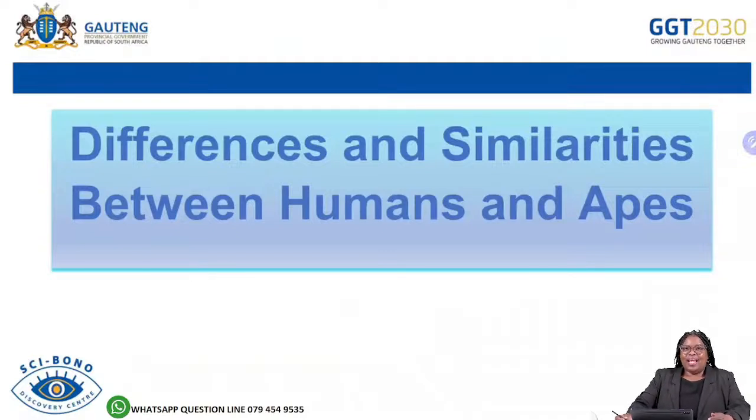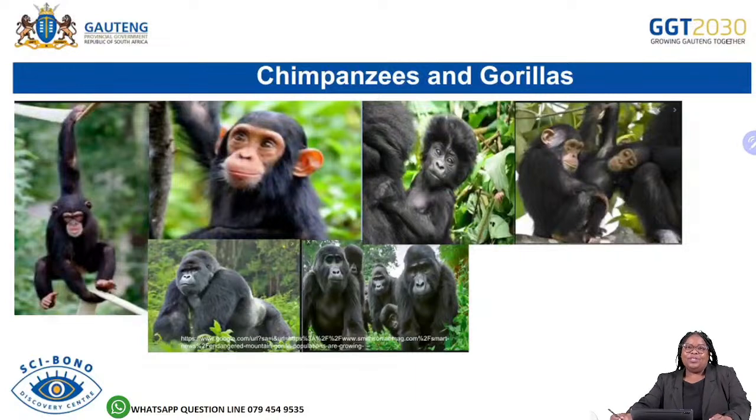Yes, you'll agree with me that there are those characteristics that we share that are common between humans and other primates, and there are those characteristics that are different between the two. So let's look at this picture. Look at the bottom pictures and the top pictures and just tell me what you see there. All right? So if you look at some of the facial characteristics, for an example, with other primates, they've got 2 eyes, they've got 2 ears, they've got the nose, the mouth, and we also have those characteristics.